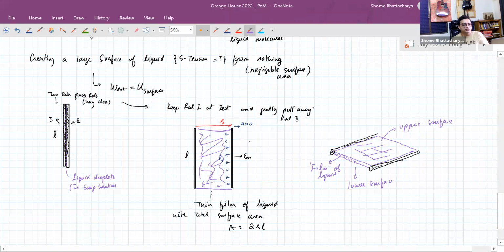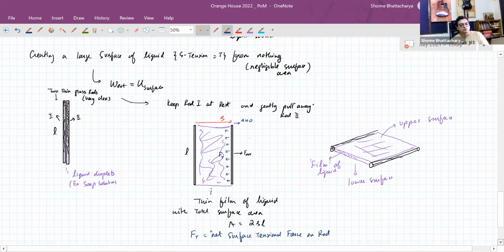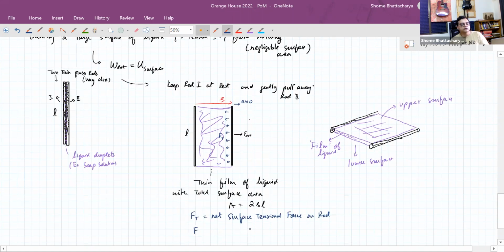Now the total surface tensional force acting on the rod, the net surface tension force, will therefore become 2 times, because there are 2 surfaces, into surface tension into length.